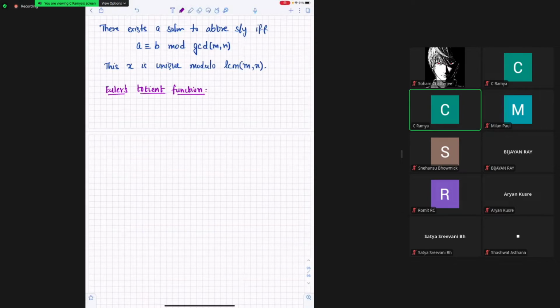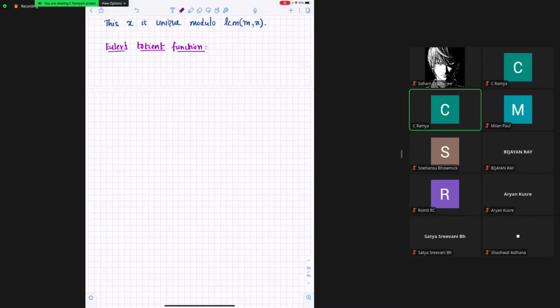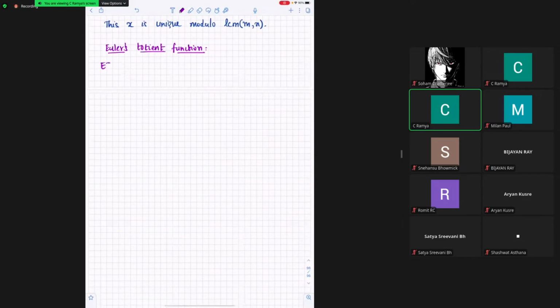We saw this sieve method, or even counting: you can look at all numbers up to the square root and test whether each is composite or not. Now you're given an integer n, and you want to check how many numbers from 1 to n are co-prime to n.